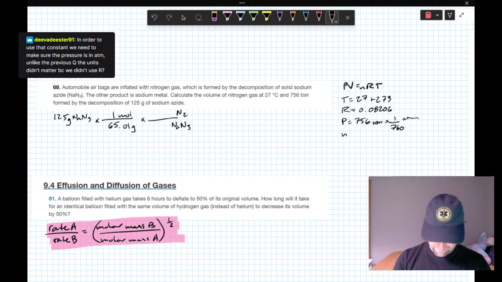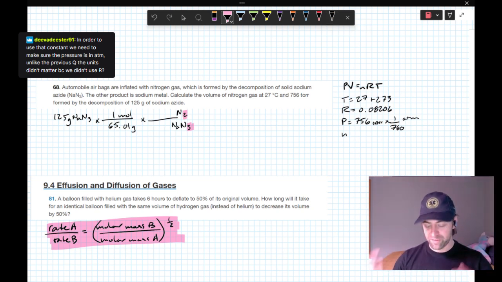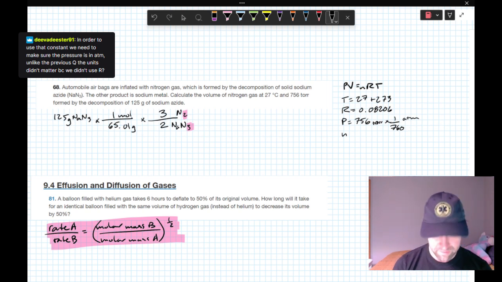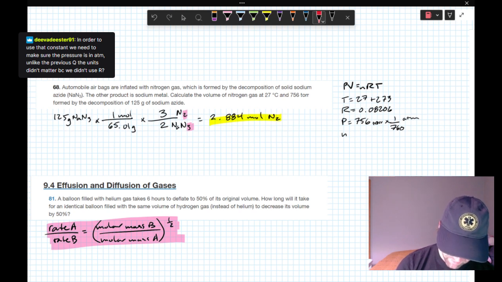If you can't, I'll explain. There are 3 nitrogens in sodium azide and 2 nitrogens in nitrogen gas. Lowest common multiple would be 6, and so 3 to 2. Now we can multiply that out. Gives us 2.884 moles of nitrogen gas. And again, canceling out our units.